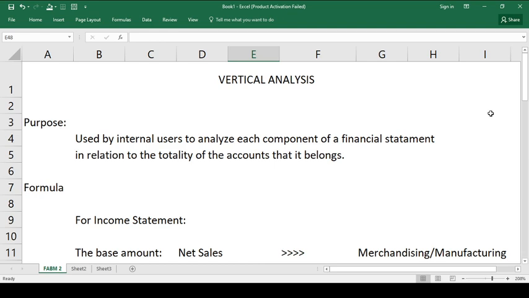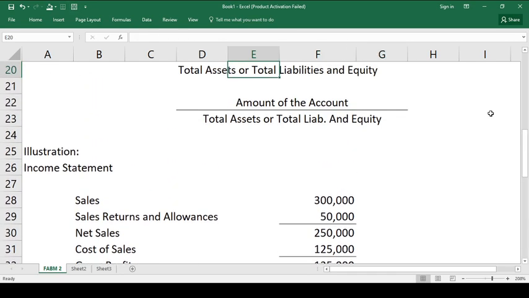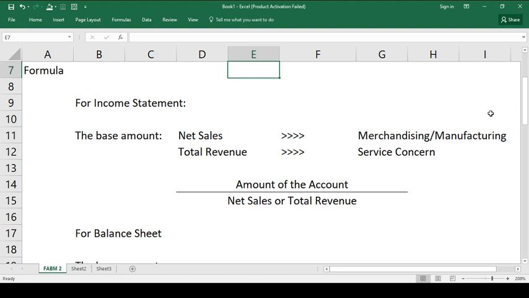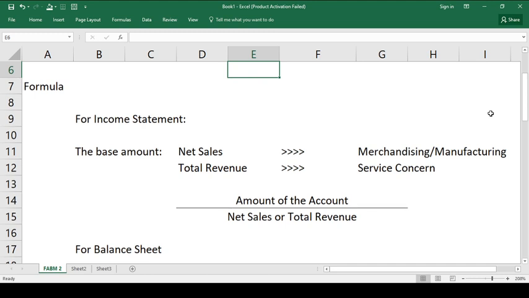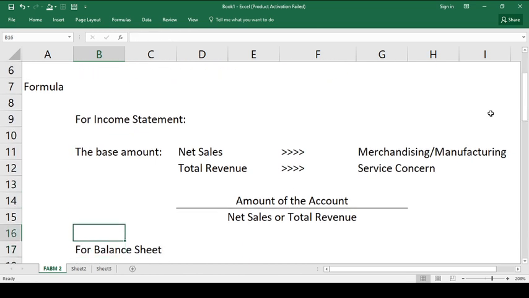Okay? So, what are the formulas that we are going to use on the vertical analysis? Well, dalawa lang naman po yan, kasi it will depend on the financial statement na gagawan ng vertical analysis. If we are going to prepare the vertical analysis for the income statement, simply your base amount will be the net sales or the total revenue. Kung manufacturing or merchandising type of business po yan, we will use the net sales.